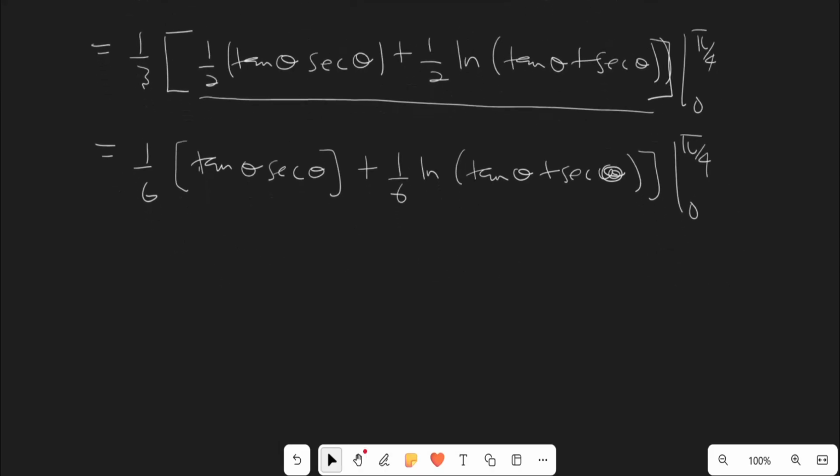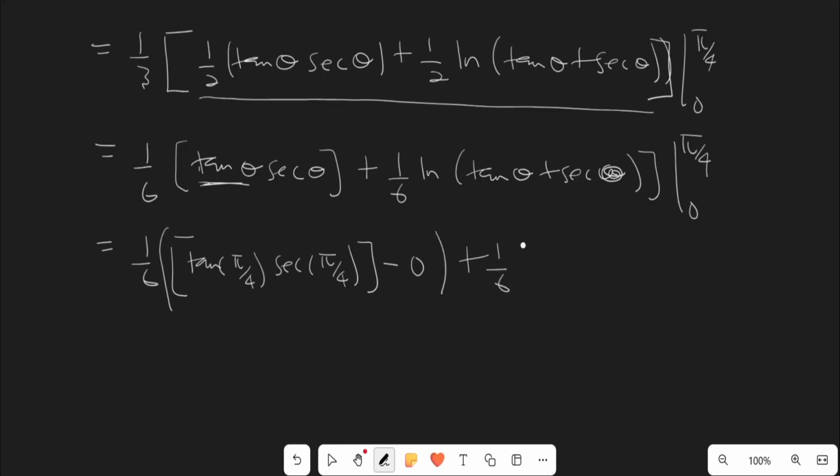So let's plug in our pi over 4 and 0. For the first term, theta is pi over 4 for the upper limit. So 1/6 tan of pi over 4, that is tan 45, secant pi over 4, minus, if you plug in 0, tan of 0 is 0, secant of 0 is 1. Secant is 1 over cosine, cosine of 0 is 1, so secant is 1, but tan of 0 is 0, so that makes it 0 for the lower limit.